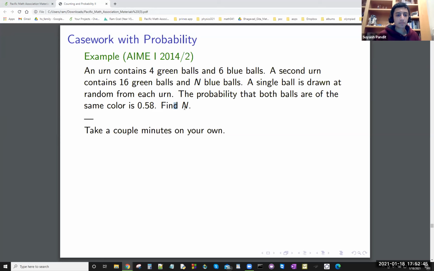So when you say that drawing both balls are the same color, it can either be both green or both blue. So those are probably the cases you want to consider here. Right. Yeah, casework just means splitting your desired outcome into cases that are easier to handle individually, and you can add those up. So sometimes the key to solving problems like this is dividing it into the right cases to analyze.